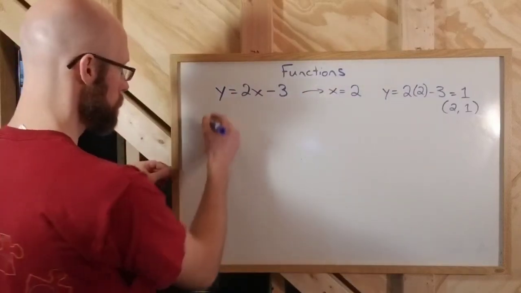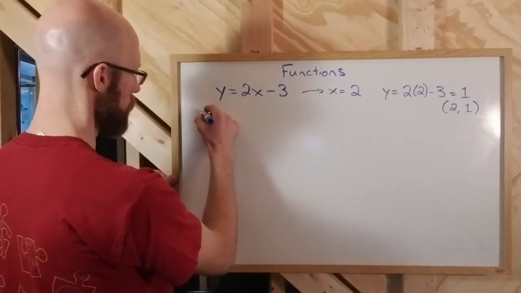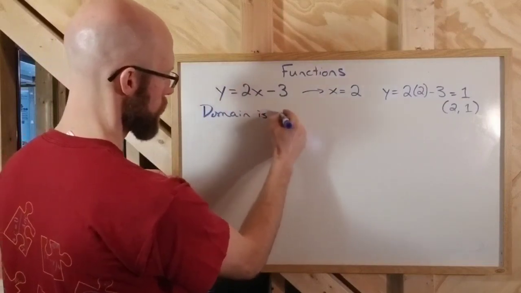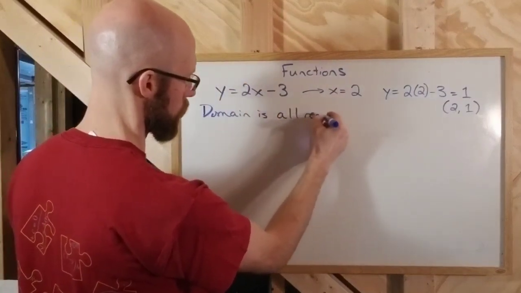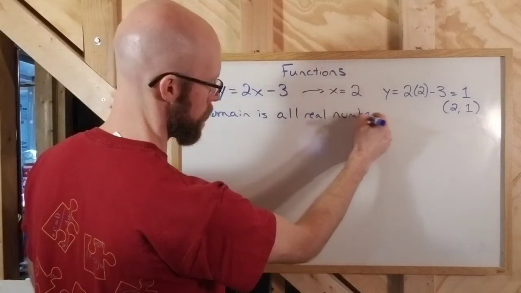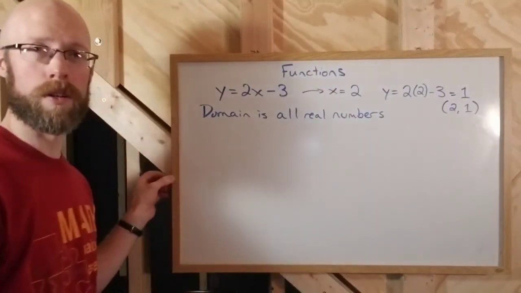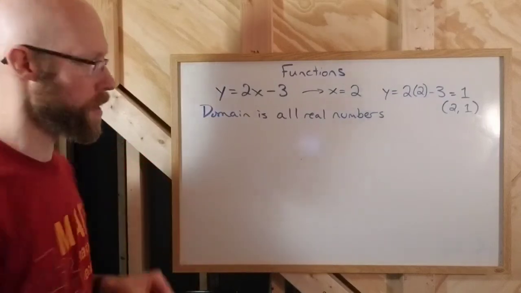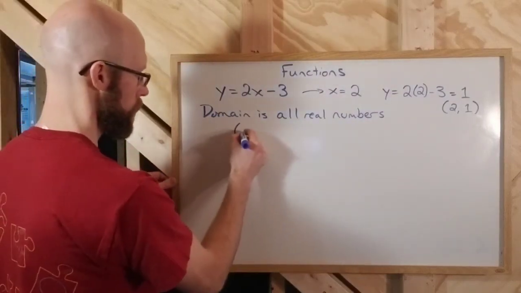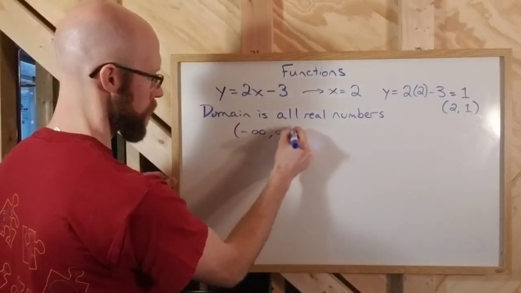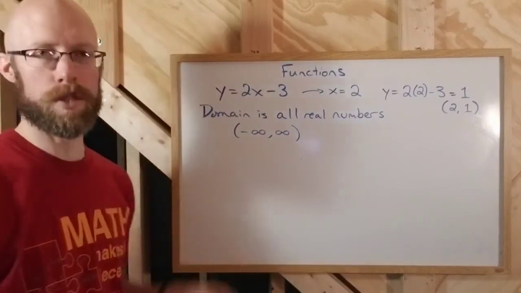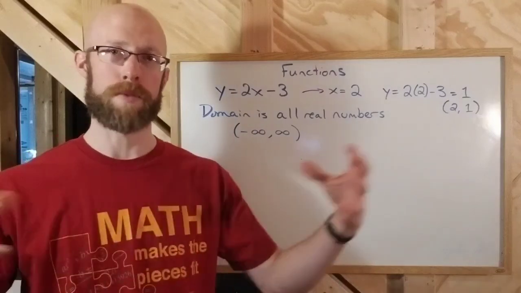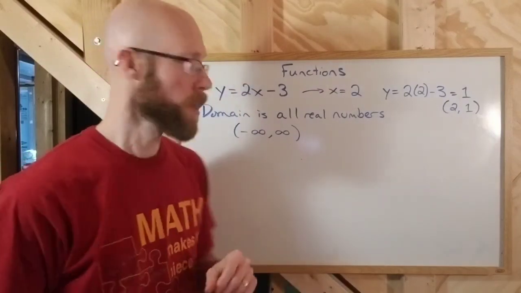That means that the domain is all real numbers. Now, all real numbers can be represented in 2 different ways, generally speaking. One of them, one I tend to use most often, is the interval notation from negative infinity to infinity. Of course, that represents the entire number line.